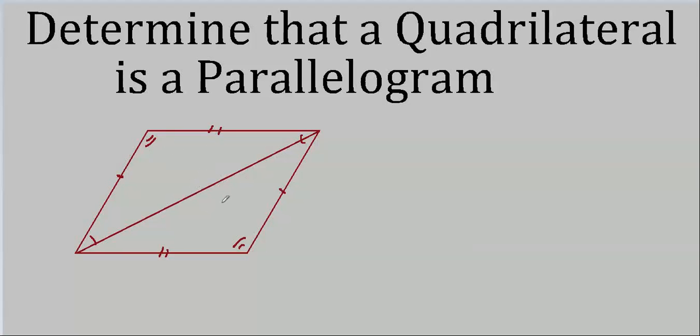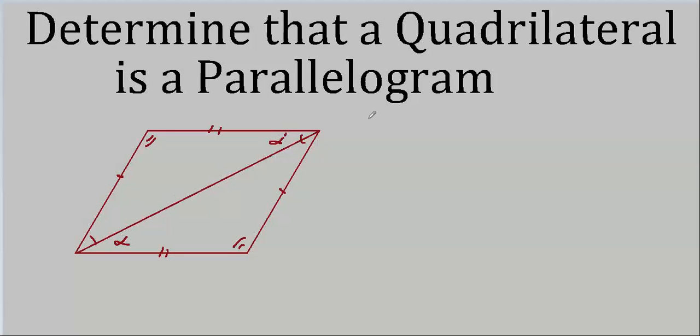Well, if they're congruent, then the angle opposite this side must be congruent to the angle opposite this side, which means that we'll say this is alpha, and this is alpha prime, and these two are congruent angles. But wait a minute.